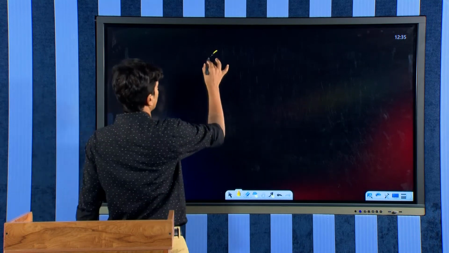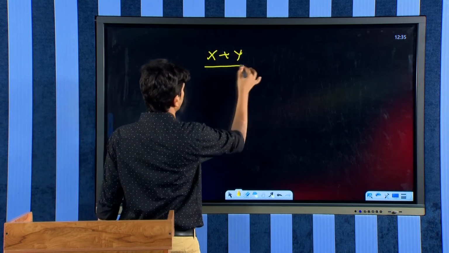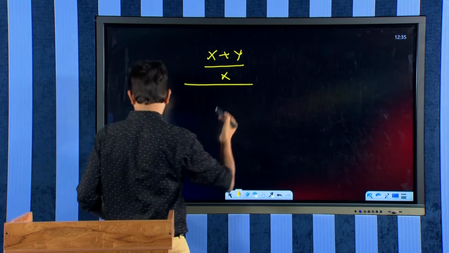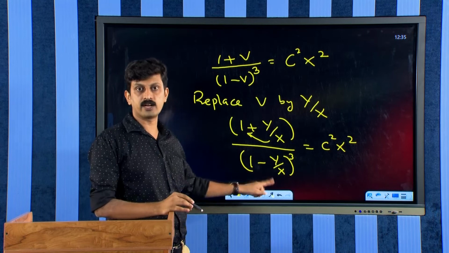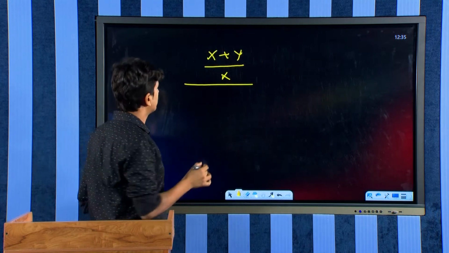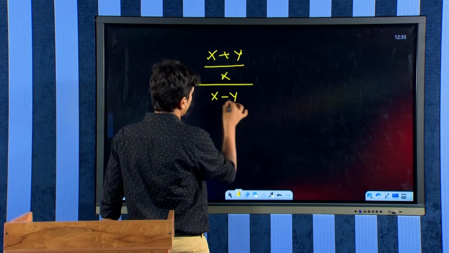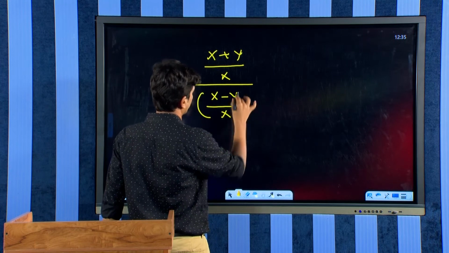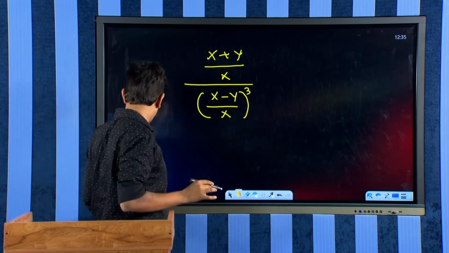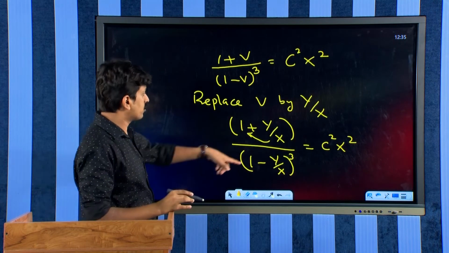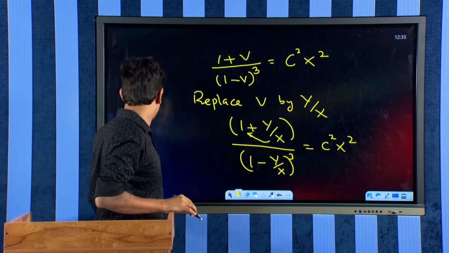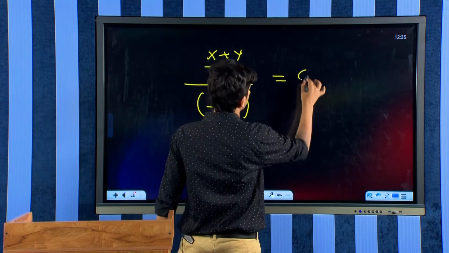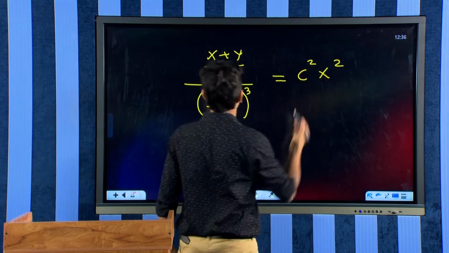So, this is equal to (x plus y divided by x) whole divided by (x minus y divided by x) whole cube. And in the right hand side we will have c square x square.